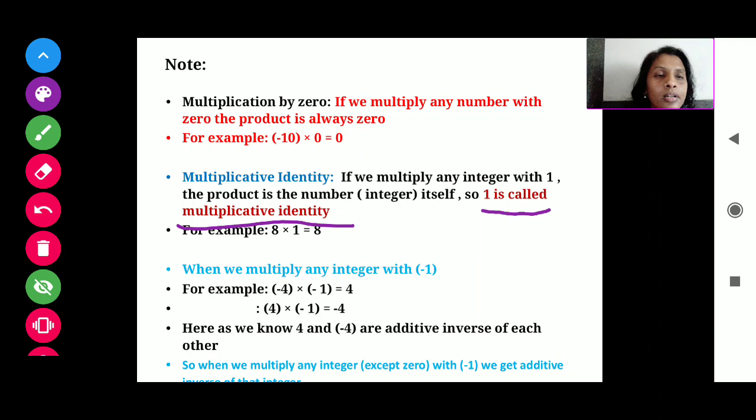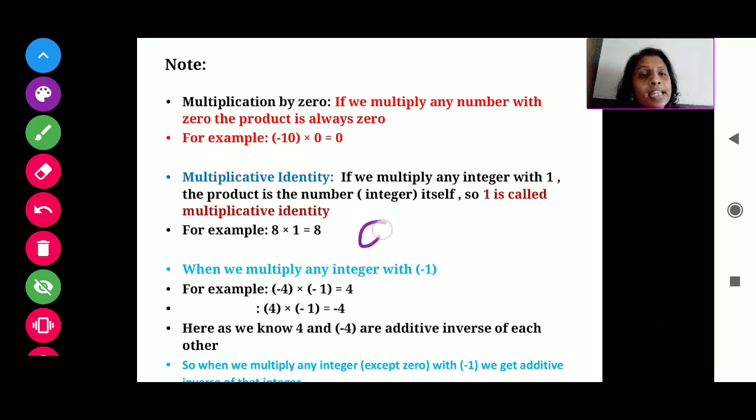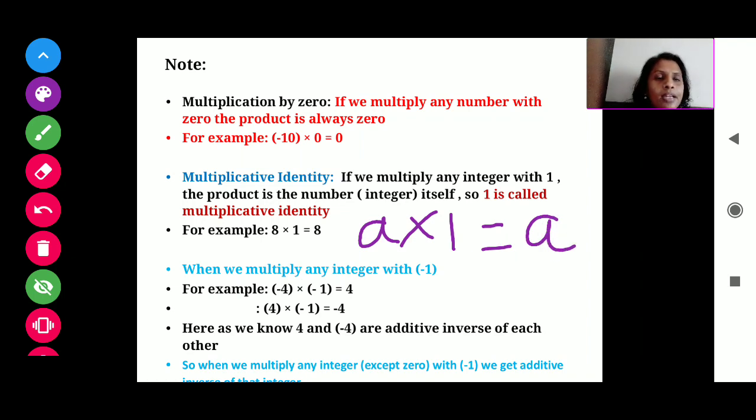It is the most important thing. 1 is the multiplicative identity. If you multiply any integer with 1, your answer will always be that integer only. So a multiplied by 1, your answer will be a. b multiplied by 1, your answer will be b. If you multiply -a into 1, your answer will be -a. Simple.